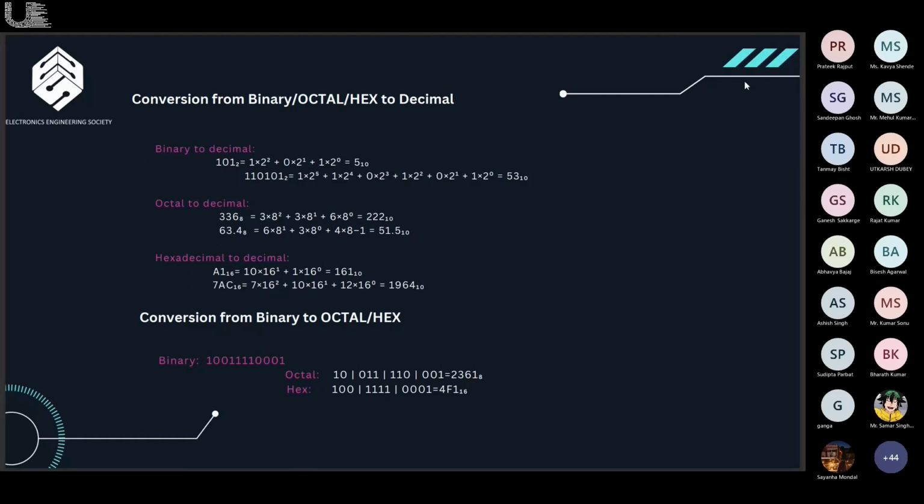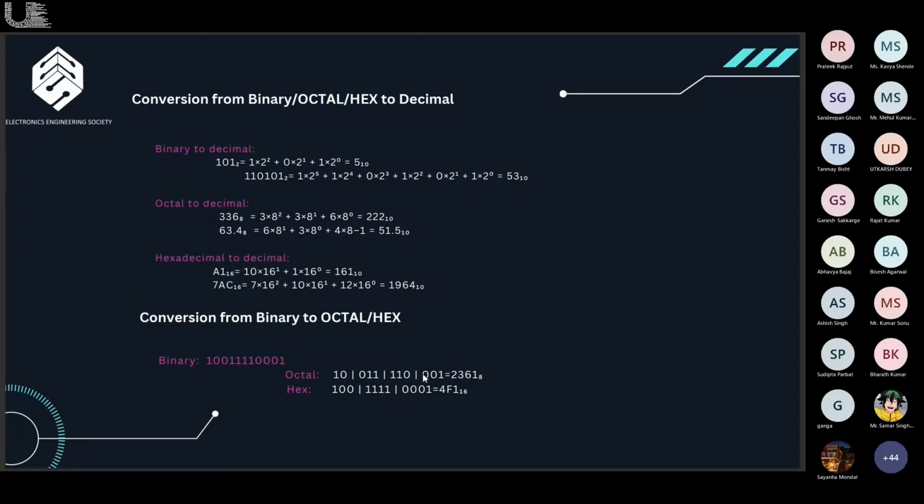So there is also a shortcut method to convert any binary representation into its equivalent octal or hexadecimal. For example, here is a binary number. If we want to convert it into octal, we'll start from the rightmost and we'll club 3 bits together, because octal has base 8 and 8 numbers can be represented using 3 binary bits.